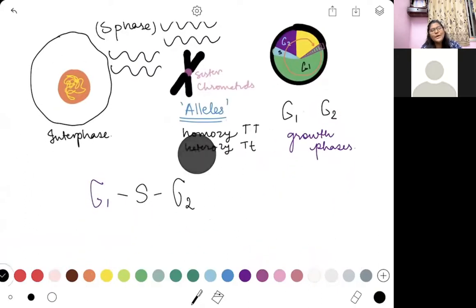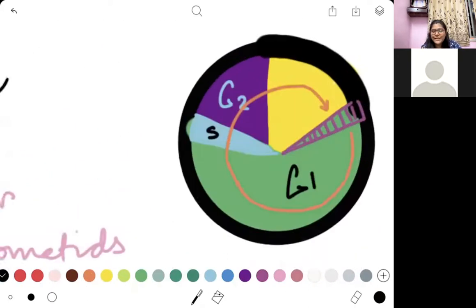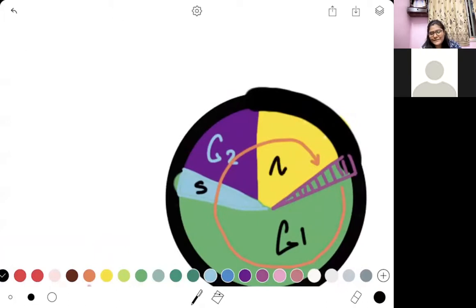What is the yellow part? This yellow part is where the mitosis is taking place. This is where the cell is actually going through all the four phases called the prophase, metaphase, anaphase, and telophase.